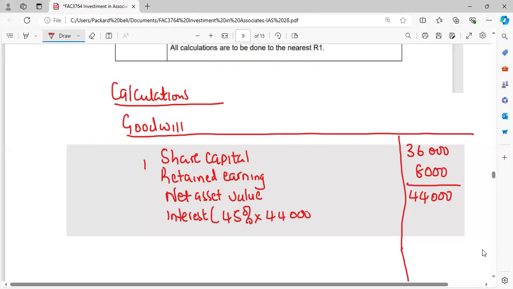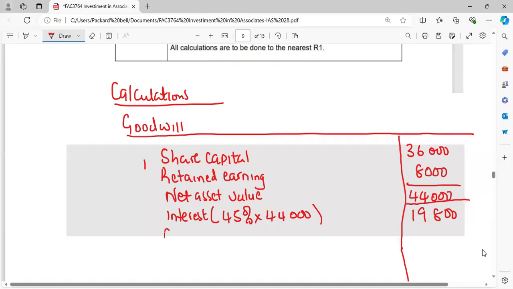How much are we going to have? R19,800. Am I right? Correct.